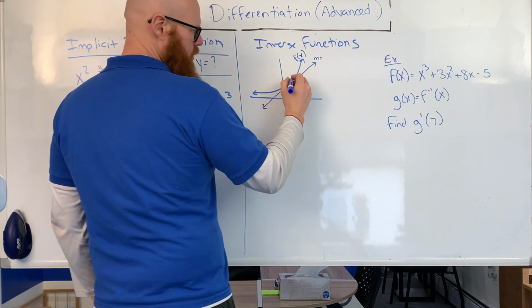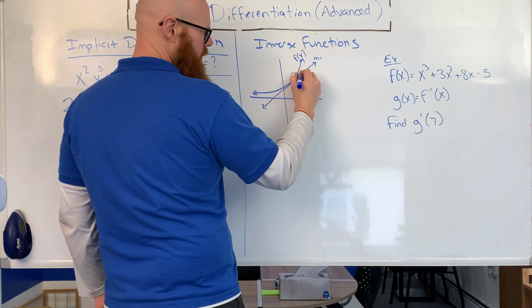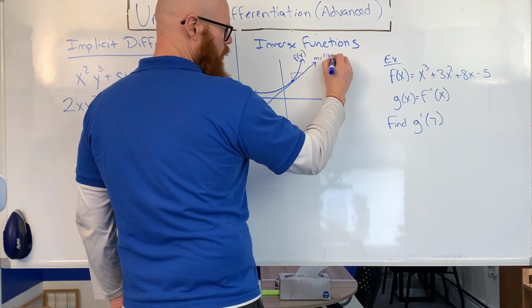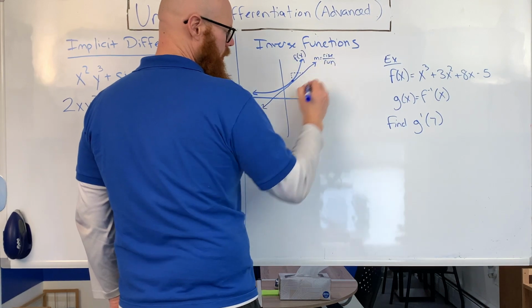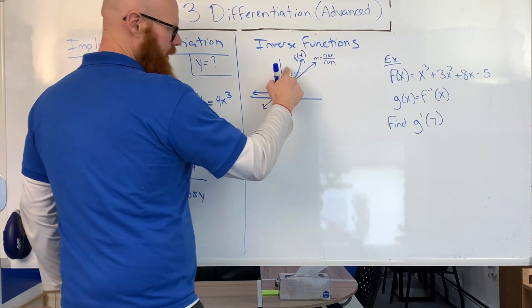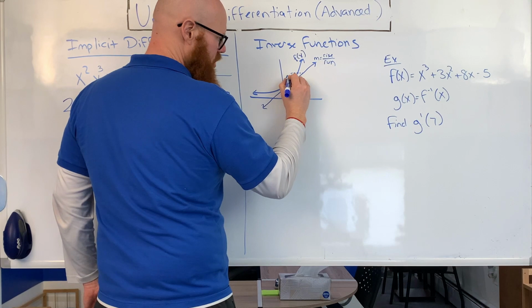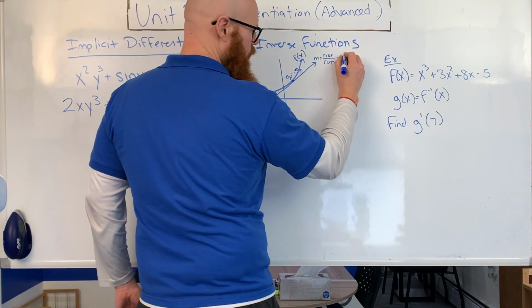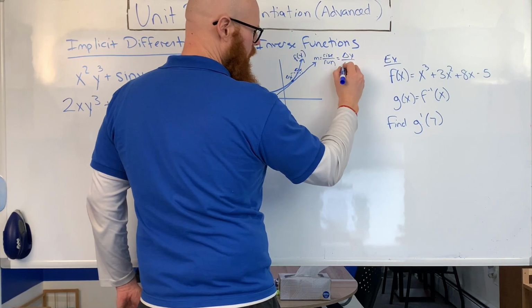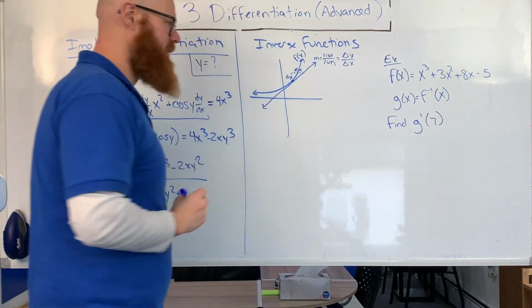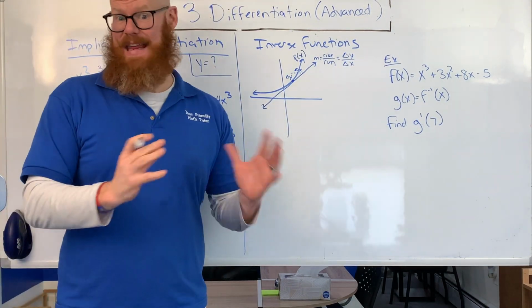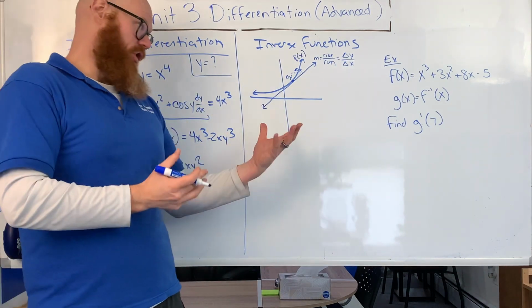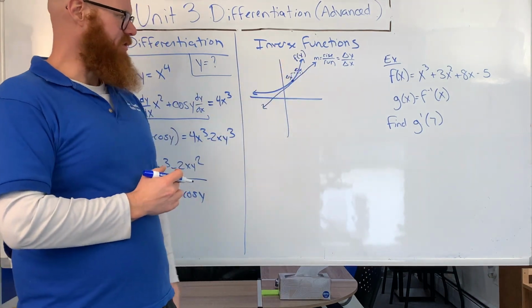So the slope of this would be just whatever the rise is over the run, just like slope always is. And the rise is the change in y, and the run is the change in x. So we've got our basic formula. Delta y over delta x is the slope. That's the slope of any line, all right? So that's going to describe the slope of, say, a tangent line.